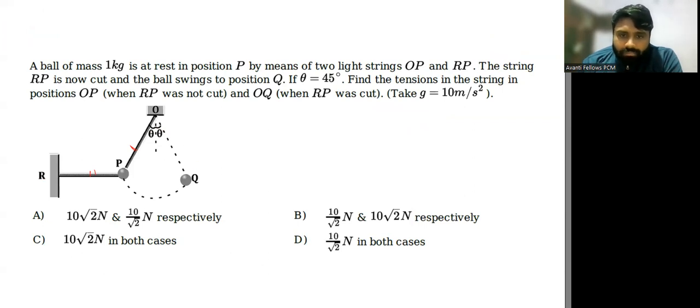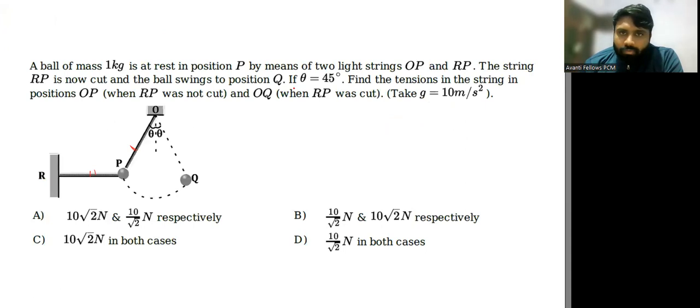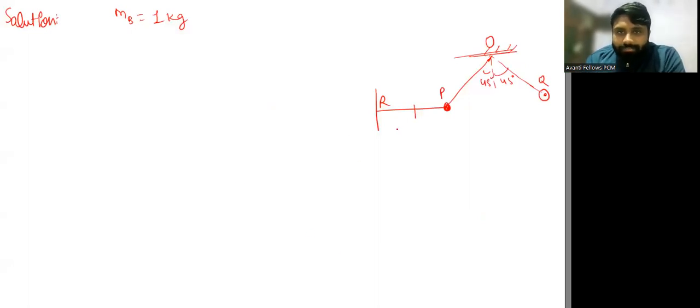Now, the mass of the ball is given as 1 kg, and the gravitational acceleration is g. Initially when RP was not cut, the ball will be here and the weight of the ball will act downward, which is mg.